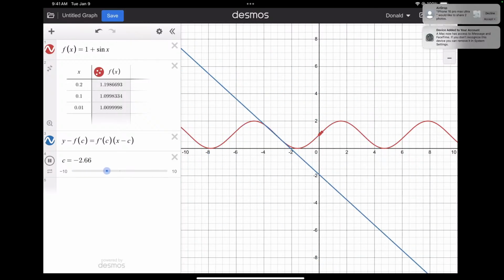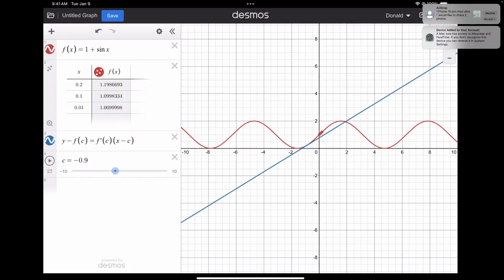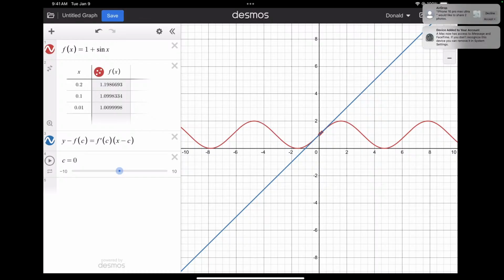Now, let's just say c is equal to 0. What's interesting is, let's say I want to approximate at 0.2. According to the decimal, it is 1.198, and 1.099 when x equals 0.1. But we also have the equation of the tangent line.